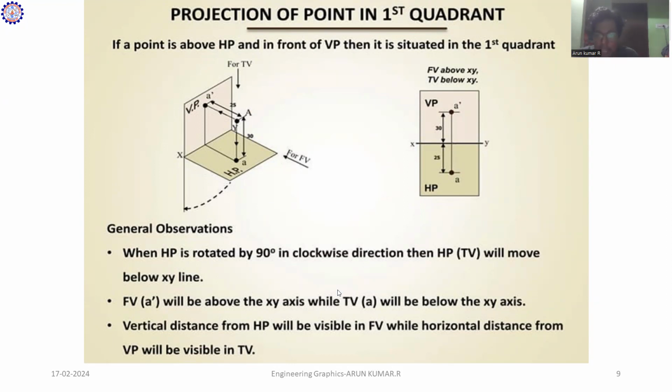This is the basic understanding of how to solve problems based on projection of points with a real-time example. If I take 30 mm, it means 3 centimeters. Draw the XY line, use the scale to locate 3 centimeters and mark it. Then take 25 mm, that is 2.5 centimeters, below the XY line and locate the point A.